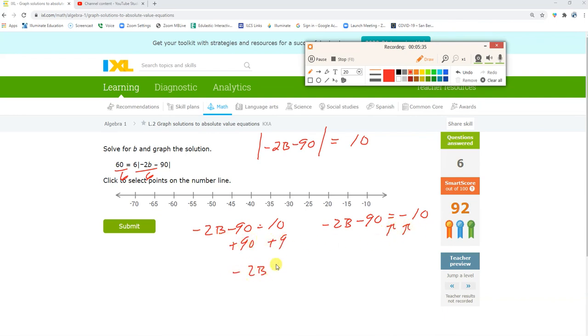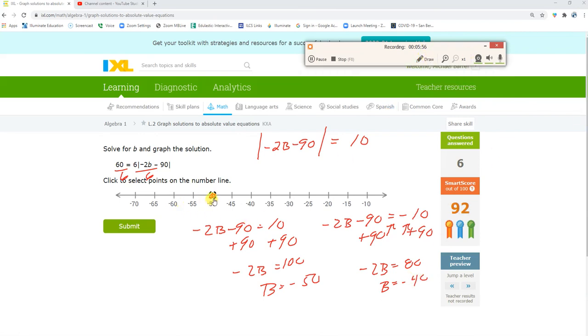Adding 90, -2b = 100, b equals -50. And -2b = 80, b equals -40. So -50 and -40.